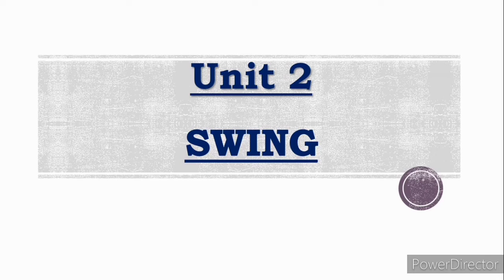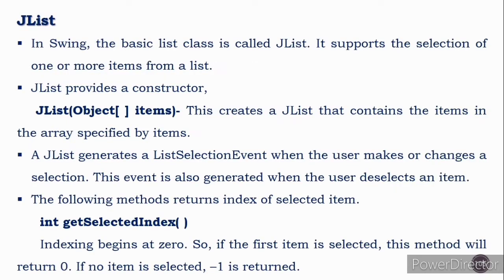In the last video we have seen about JTabbedPane and JScrollPane. In this video we are going to see about JList. In Swing, the basic list class is called JList and it supports the selection of one or more items from the list. It provides several constructors.